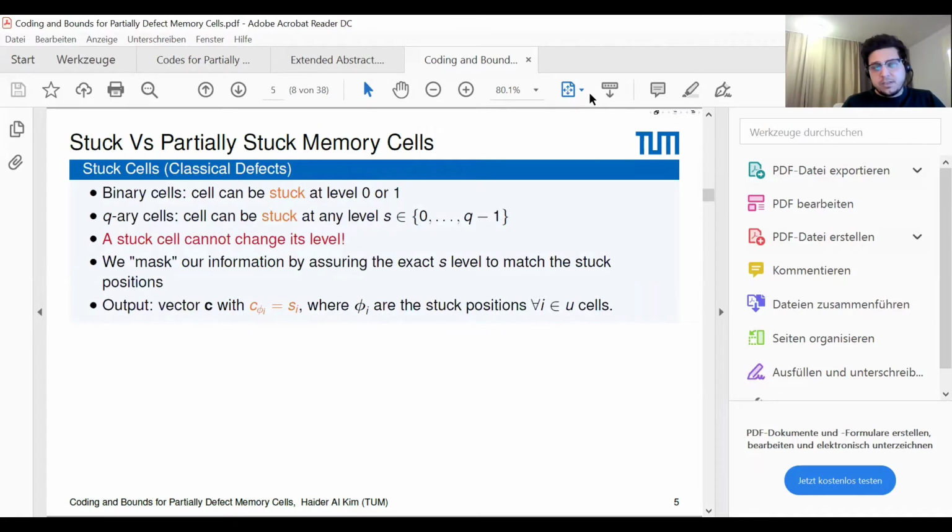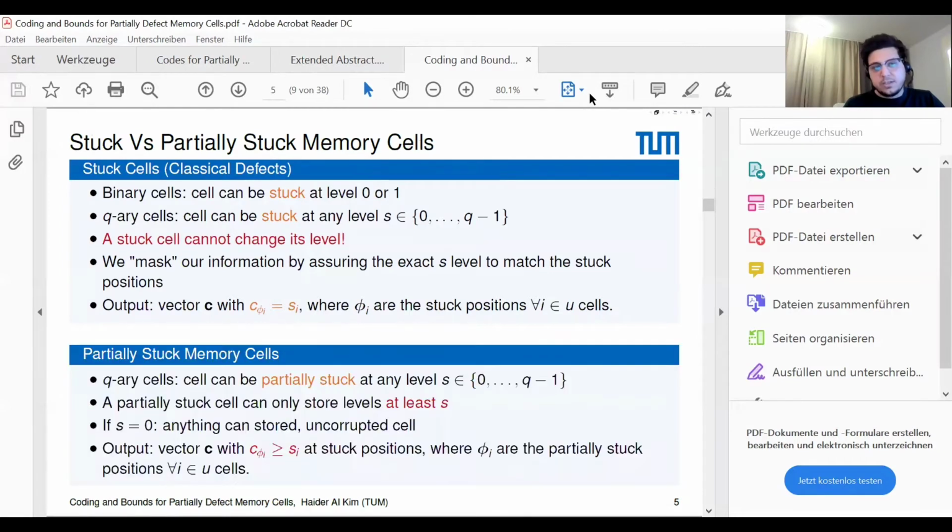Stuck versus partially stuck: this is just an introduction to the difference between these two scenarios. As I said earlier, the stuck cell was initiated early, and it's the full stuck version, where the cell cannot go either up or down from the stuck level. In the partially stuck memory cell, for instance, the cell can store at least the stuck level, so it can increase the level up to some q.